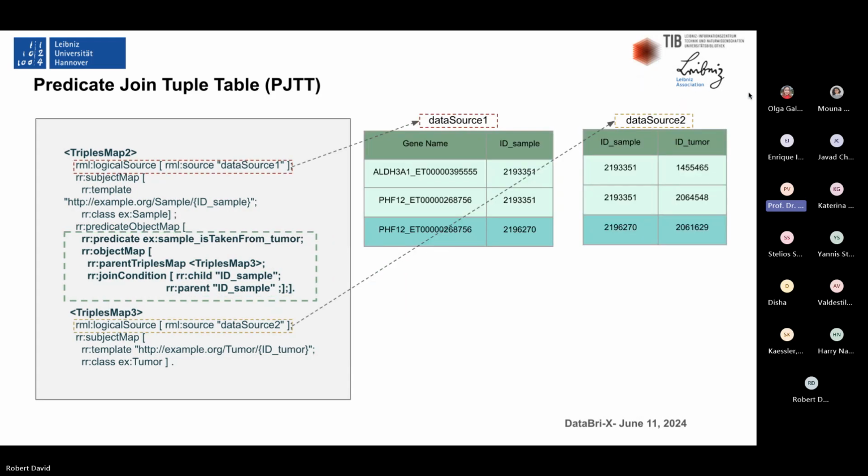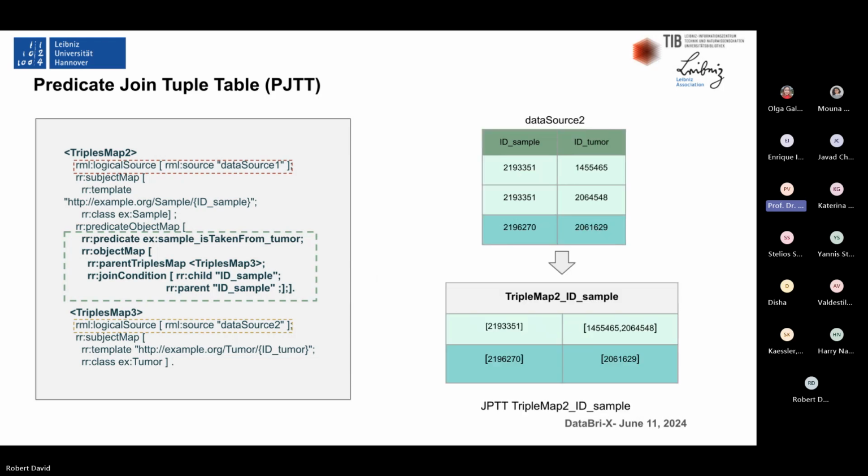So imagine I have these two triple maps, triple map 2 and triple map 3, and basically triple map 2 is having a join with triple map 3. And basically what we have initially is this data in the data sources. So please go next. And what we have is actually create an index.